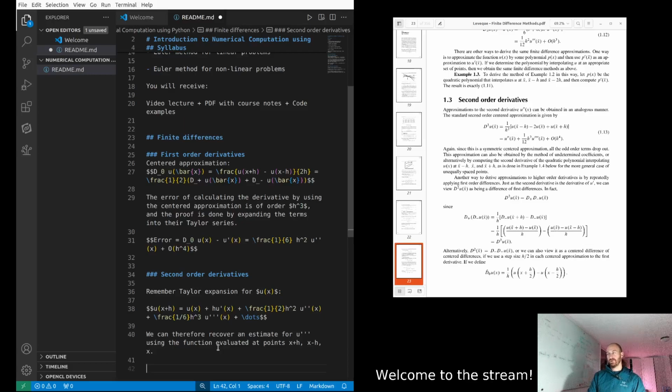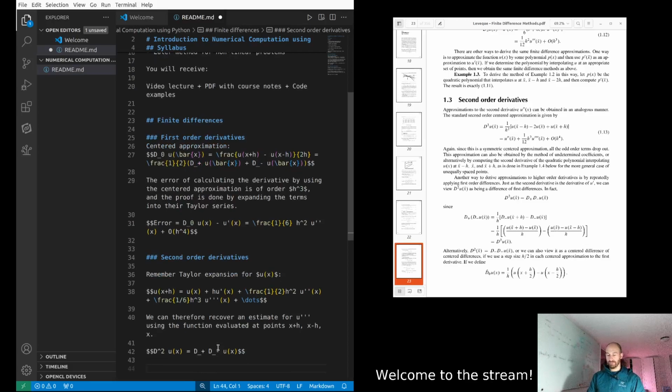So we'll do the following. d squared of u at the point x, let's say it's d plus d minus of u of x, and if we actually expand that, we obtain, I'm going to do it one more time. So d squared of u of x, just to help with the understanding.